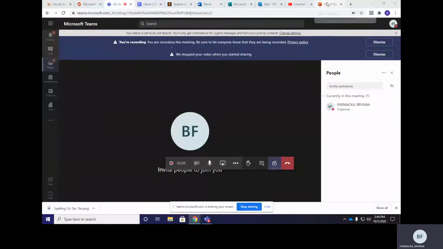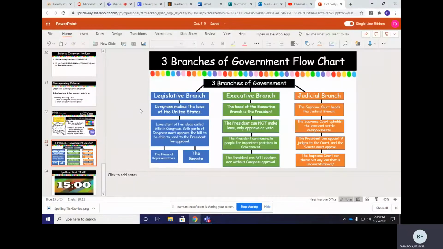So I'm going to share my screen with you now that we've recapped just a little bit, because I'm probably going to go over it with you a good couple times within the video. Here is our flow chart. We originally had just the top of our flow chart that stated the three branches of government.